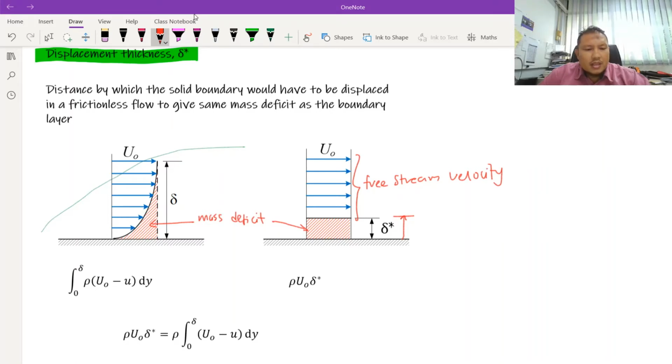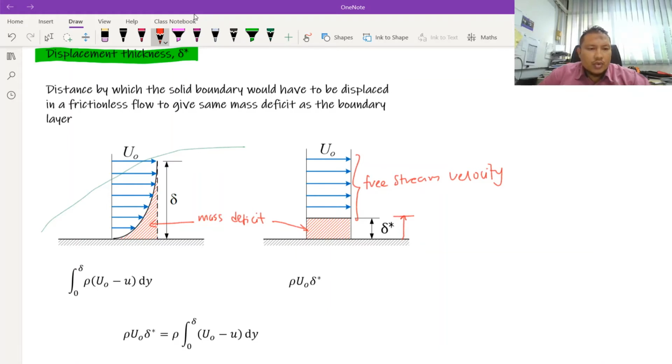Mathematically we can express the area for the mass deficit of the boundary layer with this equation. We have an integration from 0 to delta of rho times u naught minus u dy, and then we have rho u naught delta star for this area.